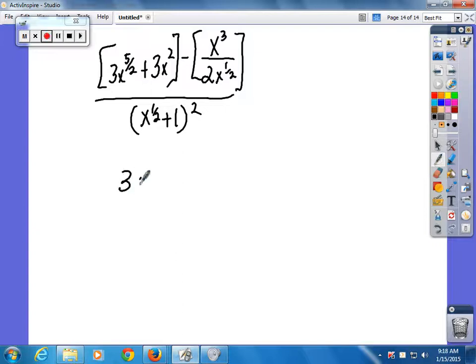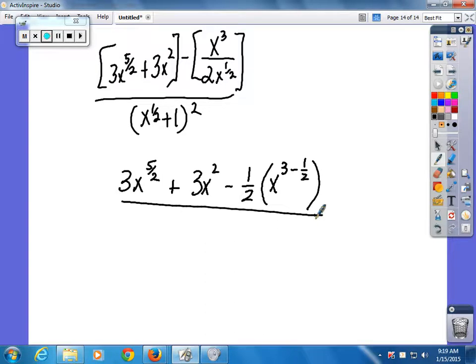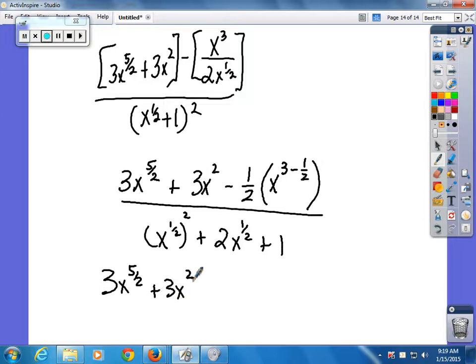I don't know. 3x to the 5 halves plus, well, no, you can't, 3x squared minus, and you could rewrite this or use your quotient rule, 1/2, x to the 3rd minus x to the 3 minus 1/2 over, and then that'd be x to the 1/2 quantity squared plus 2x to the 1/2 plus 1, and then that's going to give you 3x to the 5 halves plus 3x squared.